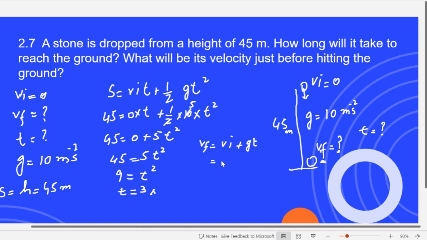The value of g is positive 10, and multiply by time t, which we have calculated just now. It was 3 seconds, and 10 multiplied by 3 will give us 30. Since it is a velocity, it will have units of meter per second.